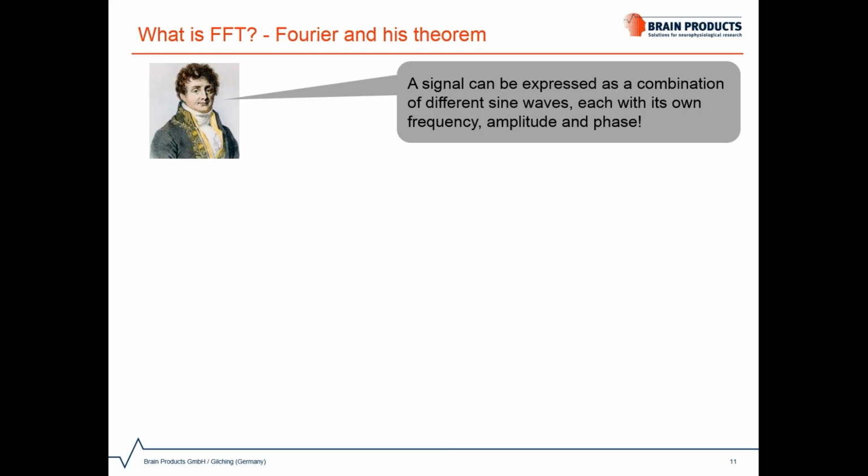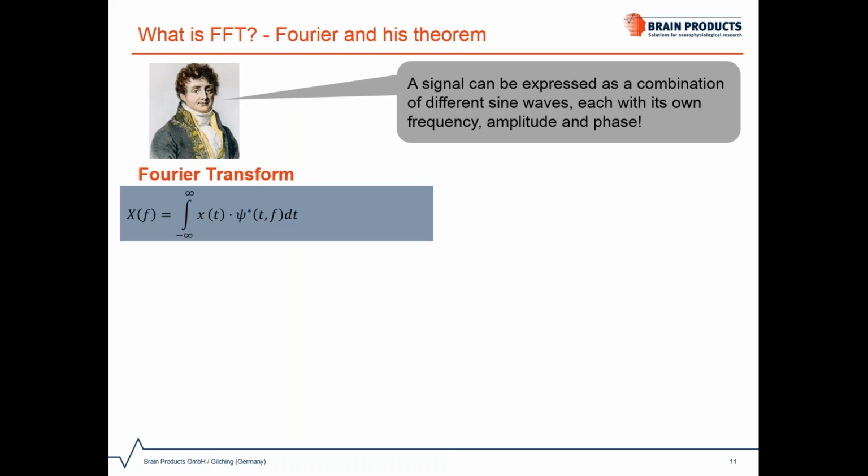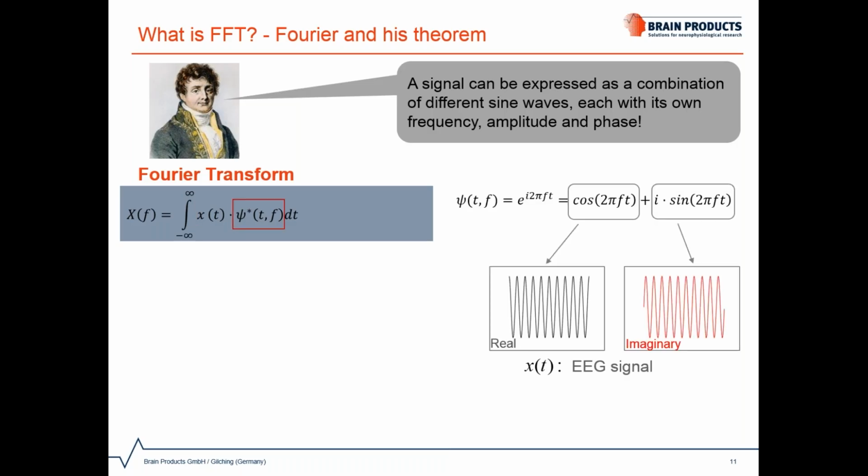So we have a time domain signal which we can decompose into sines and cosines of various frequencies. Then the next question is, how should we calculate the amplitude at those frequencies? The answer is to use Fourier transform. What it does is, it multiplies the time domain signal x of t by a basis function, which are the sinusoids.